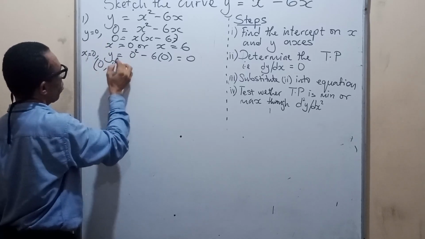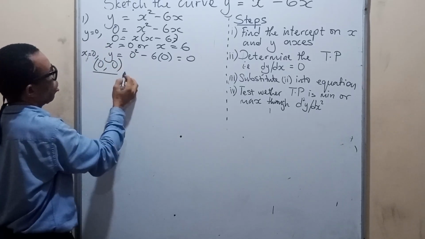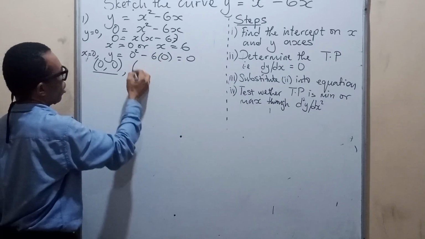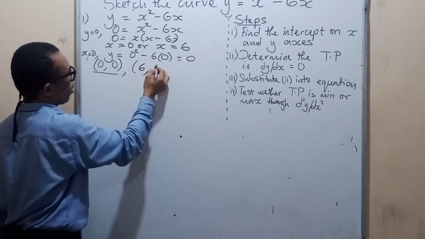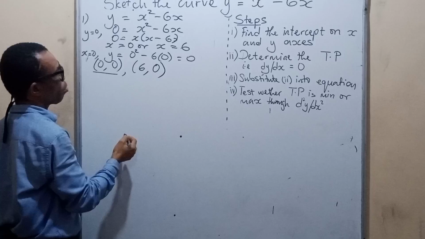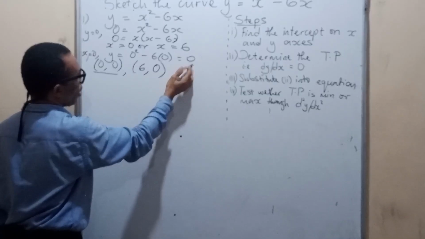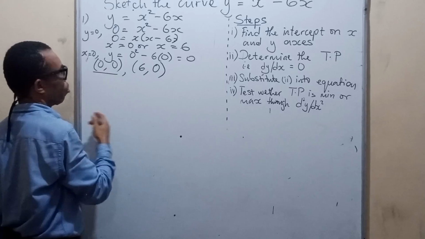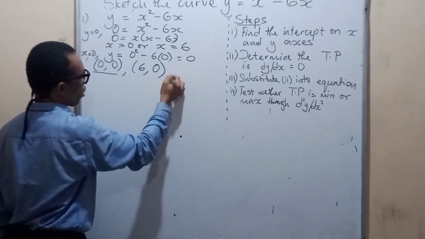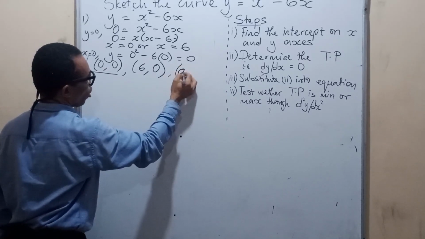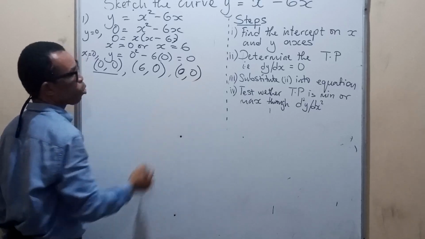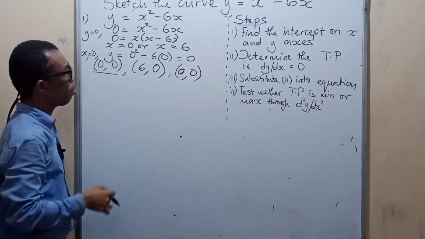I have this point. We take note of this point. When x is 6, y is 0. And then when x is 0, y is 0 also. So I will take note of these 3 points.